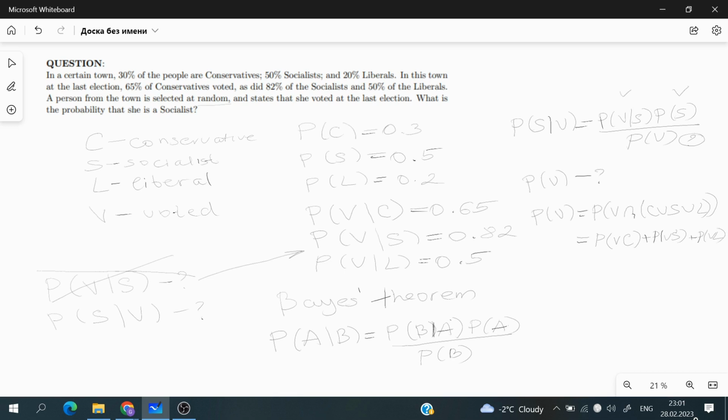And now, what is this one? This one equals the probability of V given C times P of C, plus the probability of V given S times the probability of S, plus the probability of V given L times P of L. All this information is given, correct?